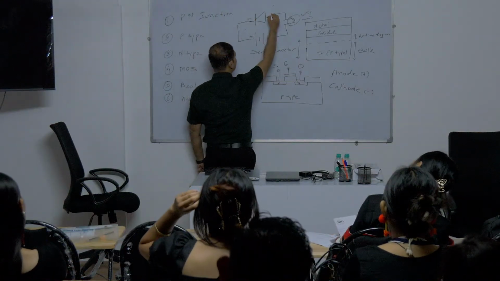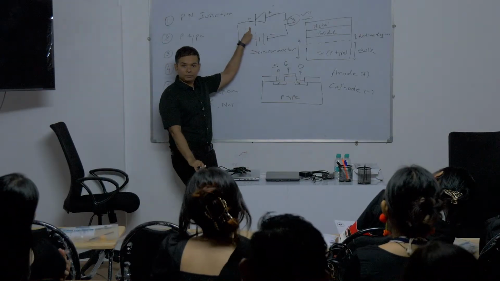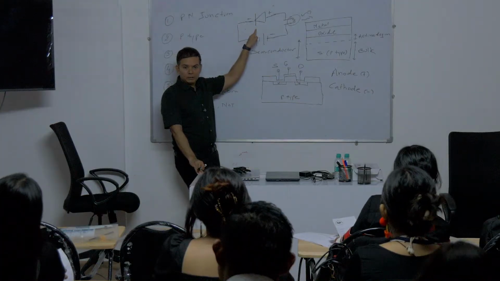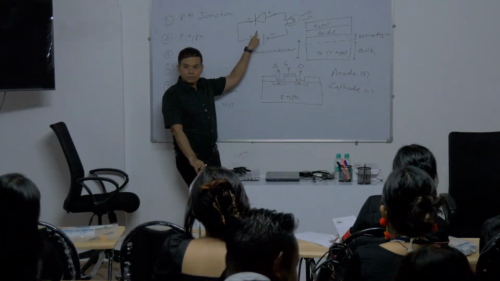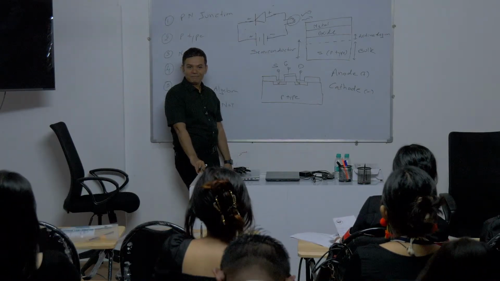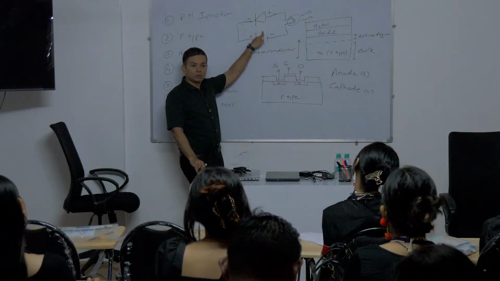Negative, right? And this is positive. So when positive is connected to negative, what will happen? Is this considered forward bias or reverse bias? Tell me. Reverse bias, right? So when it is reverse bias, is the switch open or closed?